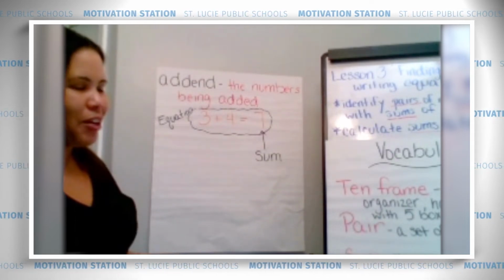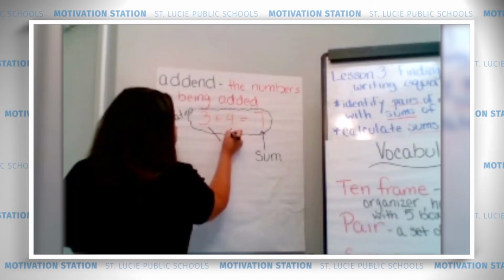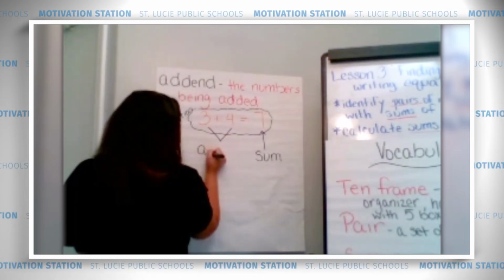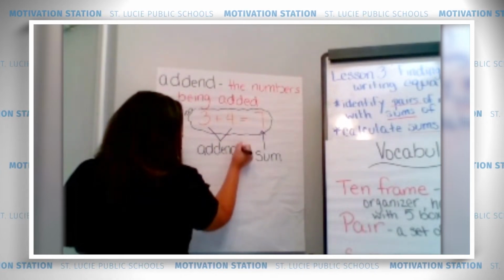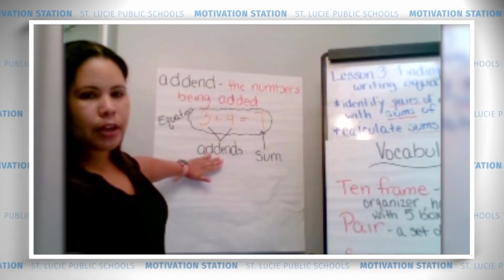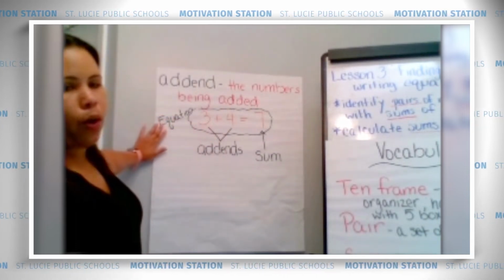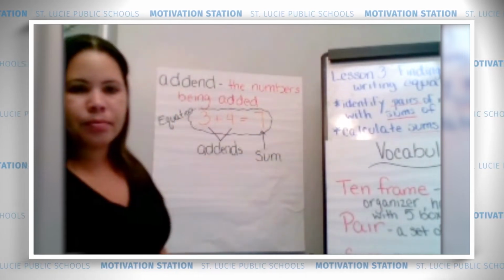Did I hear you say 3 and 4? I did. 3 and 4 are your addends. Those are the two numbers that are being added together in the equation to get the sum of 7.